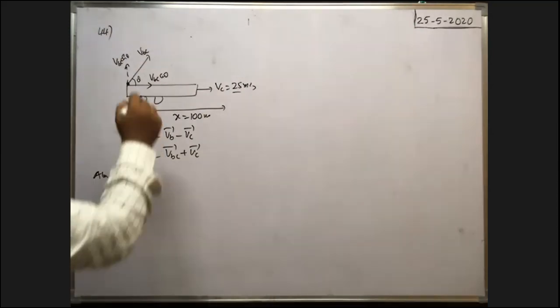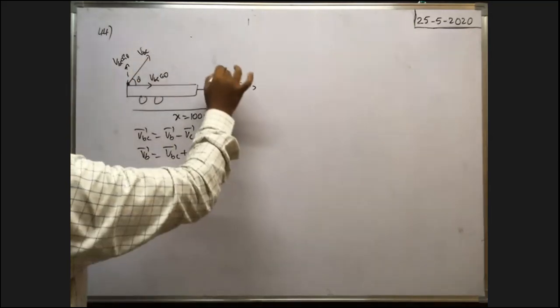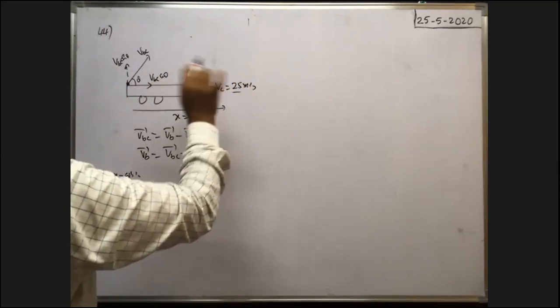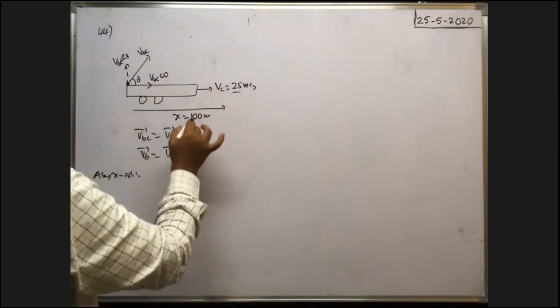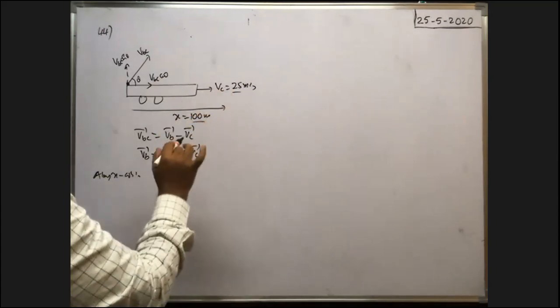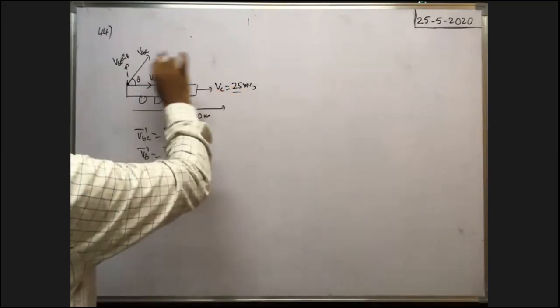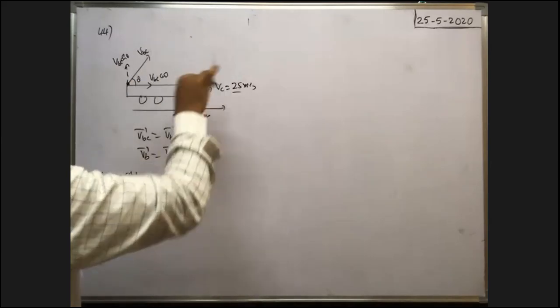It is projected with this angle, and after some time it travels along the parabolic path like this, and whenever the car reaches this point, again it falls into the car. That means the range of this projectile and the distance traveled by the car must be the same in the given interval of time. During the time of flight, the horizontal distance traveled by the body and by the car must be the same. Then only will the body fall into the car again.